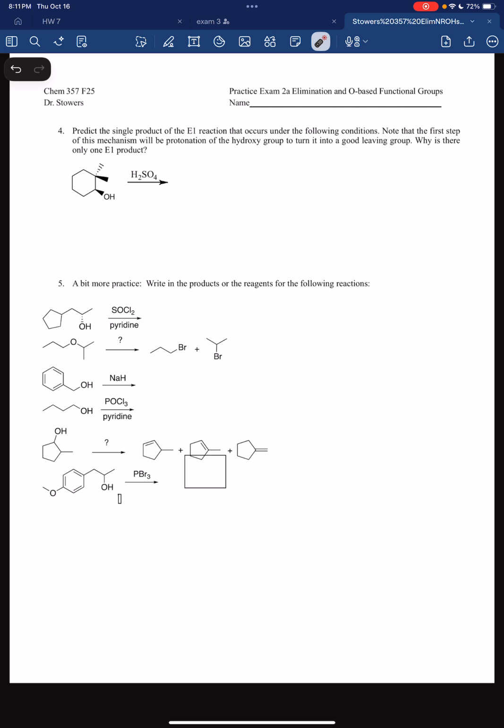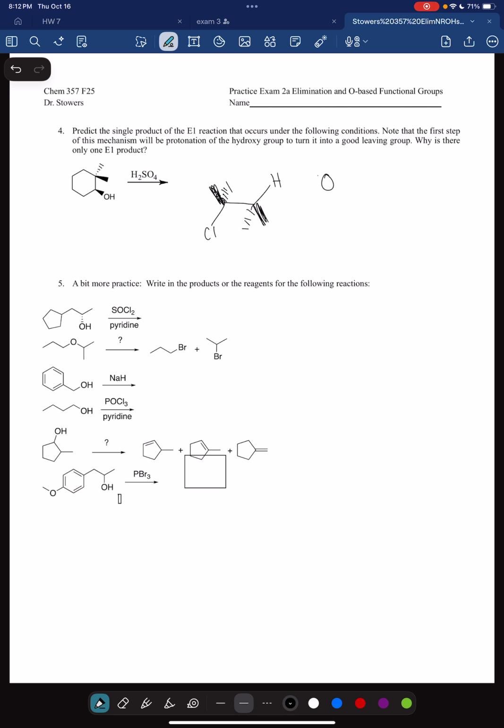A lot of you might be thinking about how the hydrogens have to be antiperiplanar. In a typical E2 reaction, if you have a strong base, it's going to attack this, and that's going to pop down there, and that's going to pop down there.